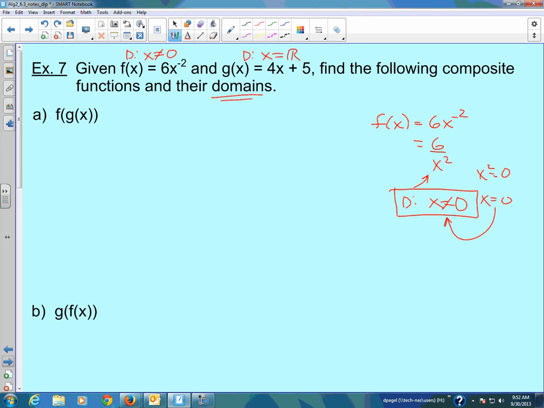Okay, with that in mind, now we go and we composite. So we're going to plug f of g. Well, g is equal to 4x plus 5. So wherever there was an x in my f function, I'm going to replace that x with a 4x plus 5.